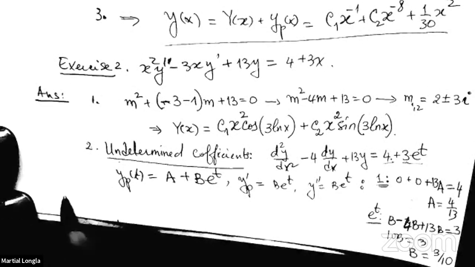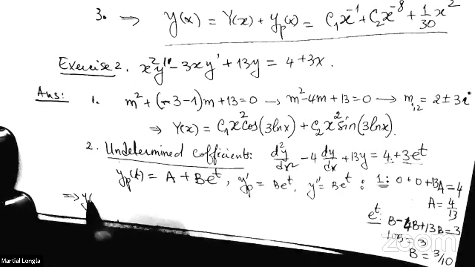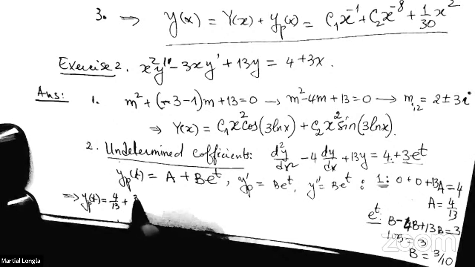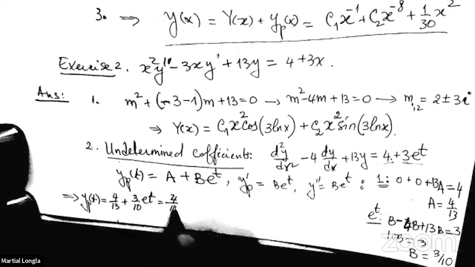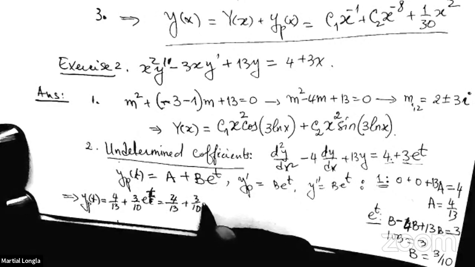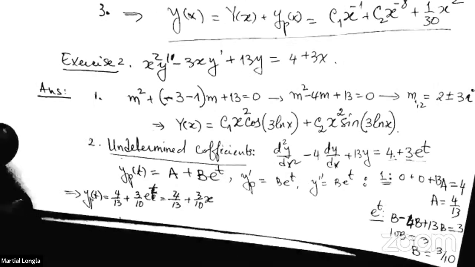That's it. So you got yp of t equals a, 4/13, plus b, 3/10 e to the t, which is 4/13 plus 3/10 x.